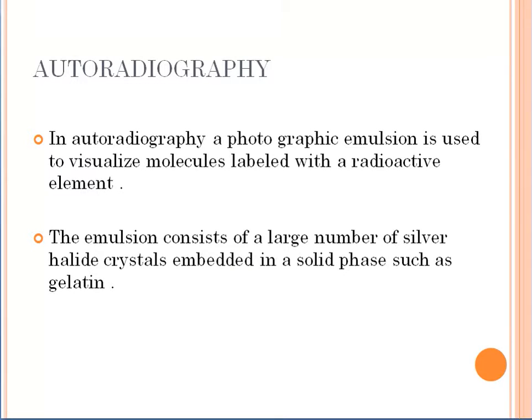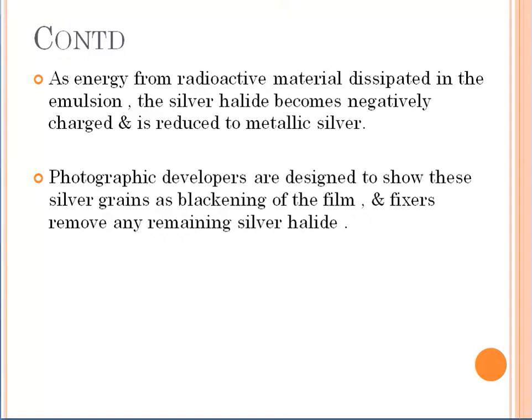Autoradiography. In autoradiography, a photographic emulsion is used to visualize molecules labeled with radioactive elements. The emulsion consists of a large number of silver halide crystals embedded in a solid phase such as gelatin.